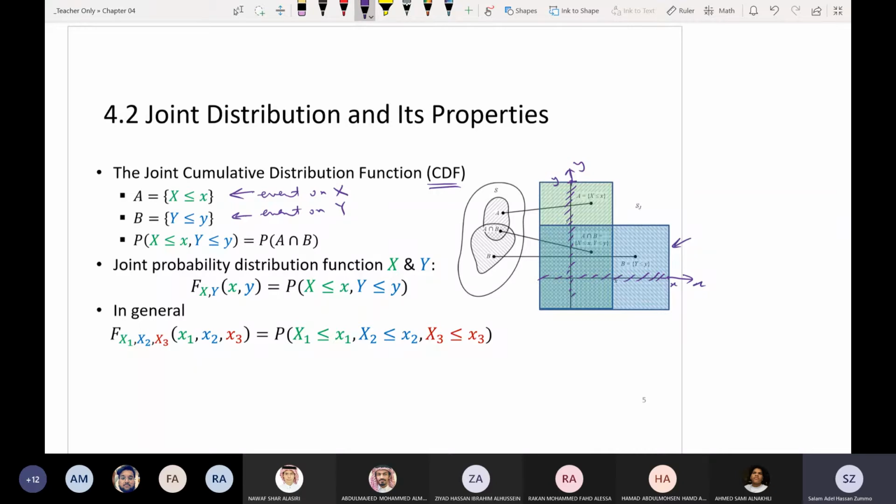Then I can define the probability that X is less than or equal to x and Y is less than or equal to y, which is the probability of A intersect B, the shaded region here.